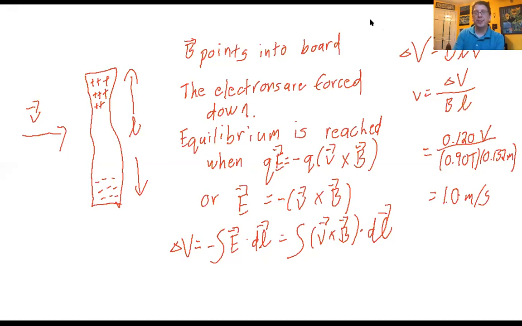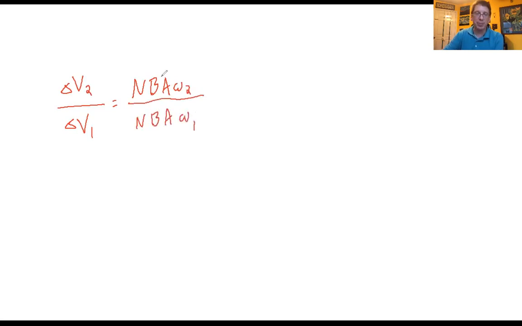We can write this as delta V2 over delta V1 is equal to NBA omega 2 divided by NBA omega 1. So you're taking the proportionalities. And so the NBA terms don't matter, and it's just the omegas. And again, because there's a proportionality, we don't have to convert them to radians per second.